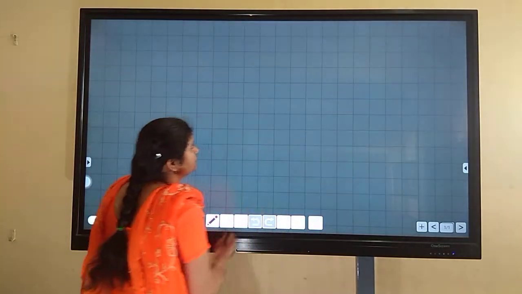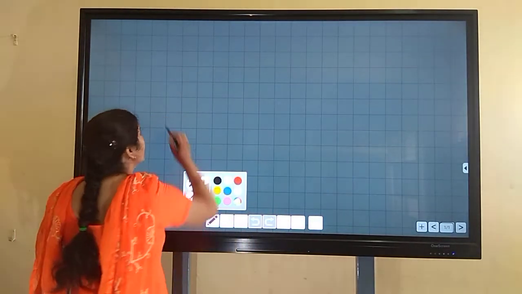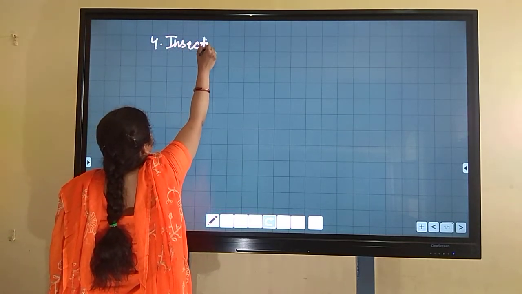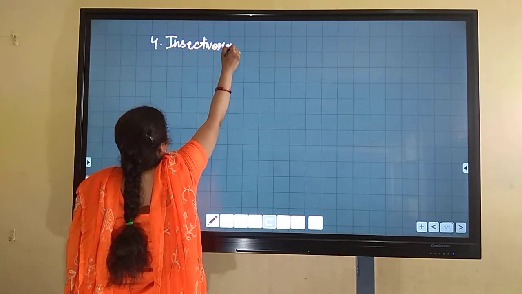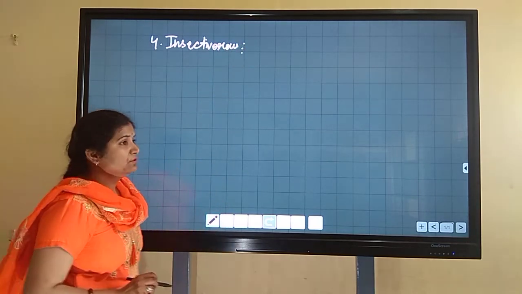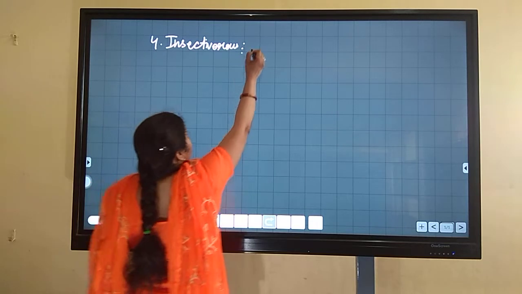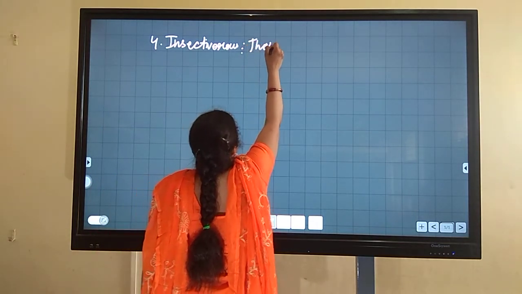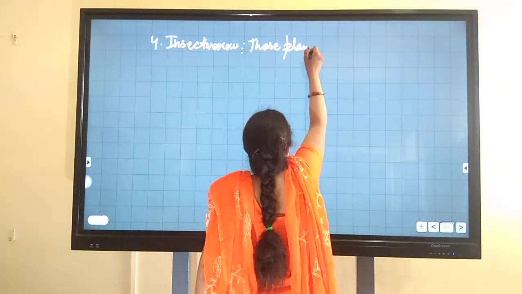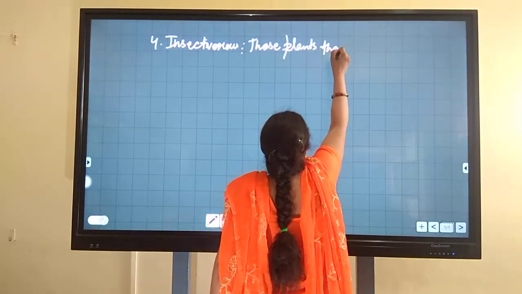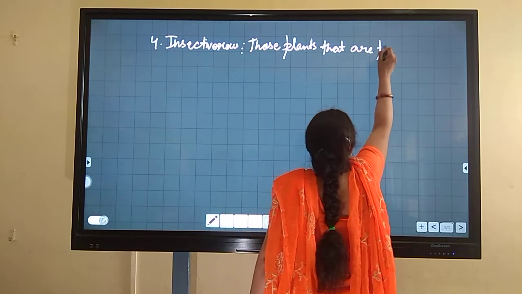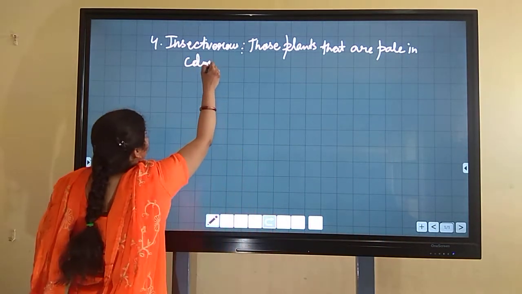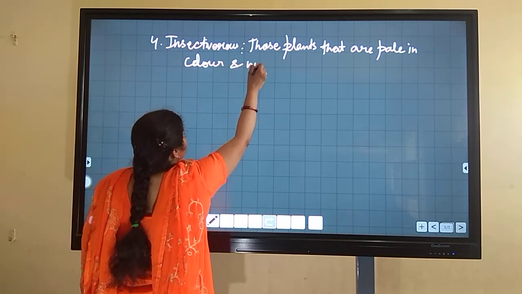Now we will come to the next type of plant nutrition, which is insectivorous. Insectivorous nutrition is there in plants that are pale in color and do not have enough chlorophyll.